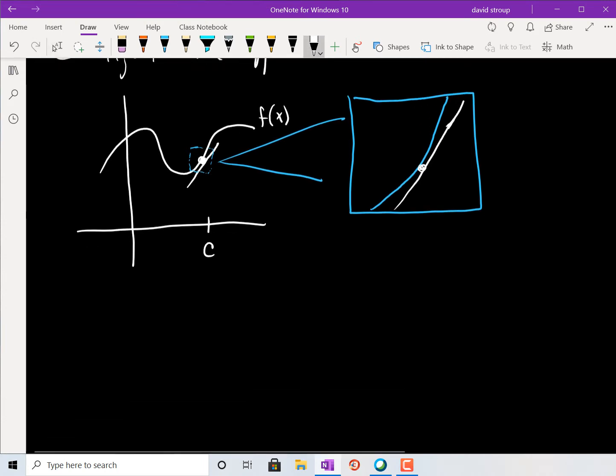So to get the equation of that tangent line, I need a point and a slope. I can get this point as c comma f of c. And then the slope of that tangent line is given by the derivative, right?